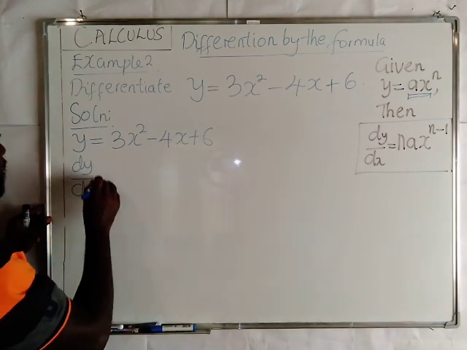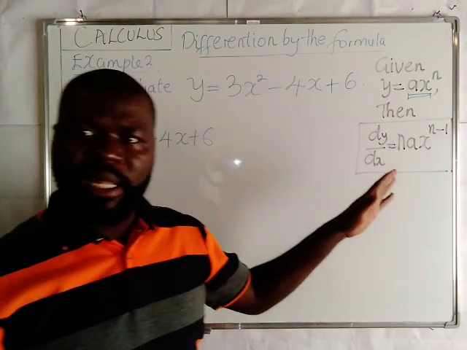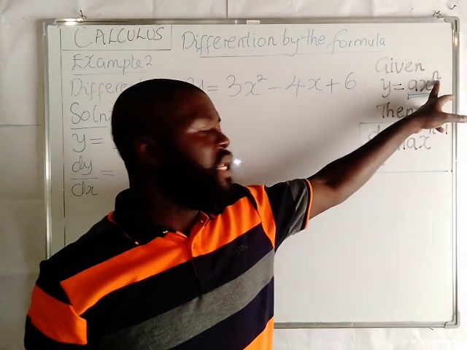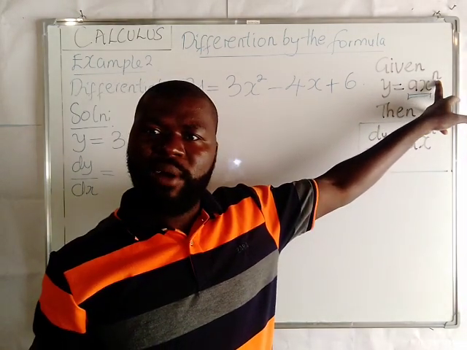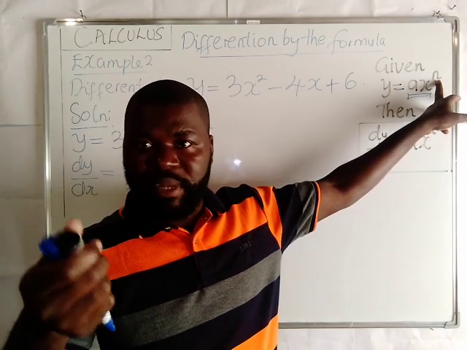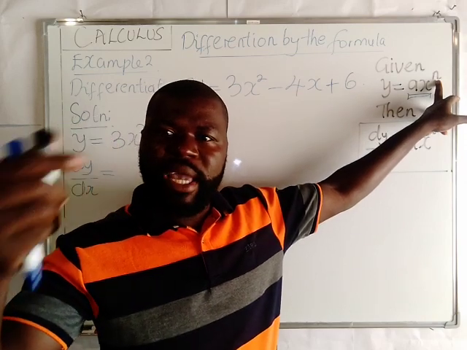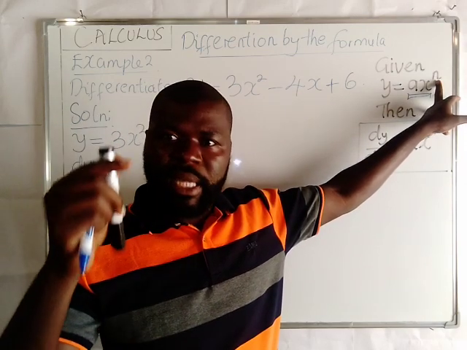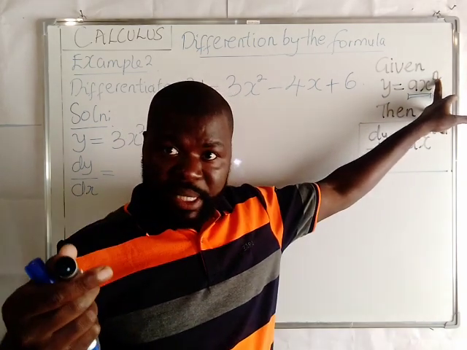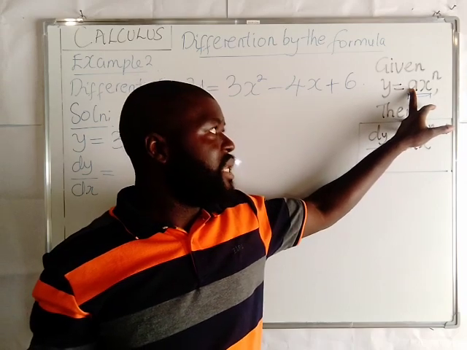dy dx is equal to, so according to the formula method for differentiation, we need to identify our power n on each term that we are differentiating at that particular moment. So we need to identify the power n and the coefficient a. We have n as the power of a particular term, and a as the coefficient.